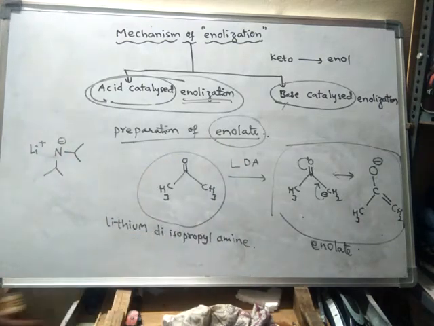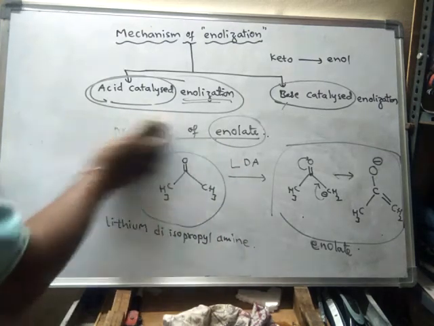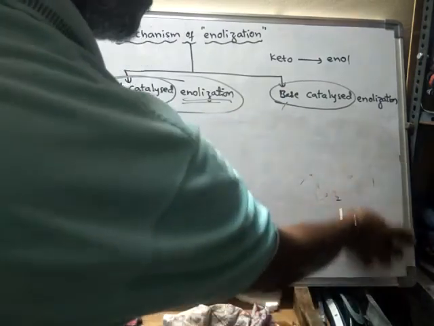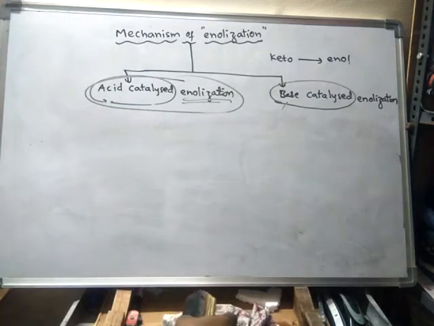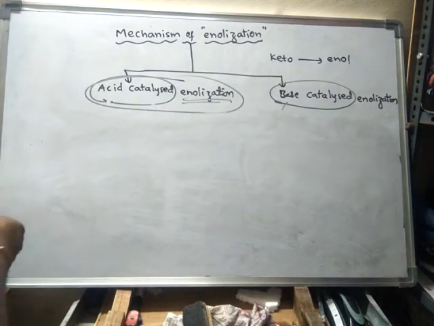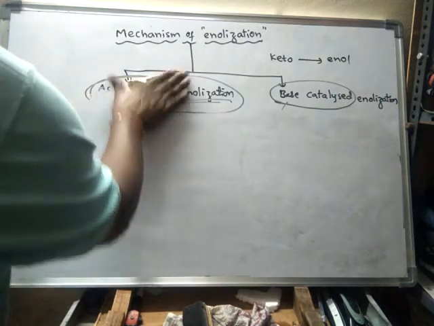Okay, right. Next, tests for enol. We will learn the next concept. What is that? Tests for enol. How do you find the presence of enol, whether enol is present or not?